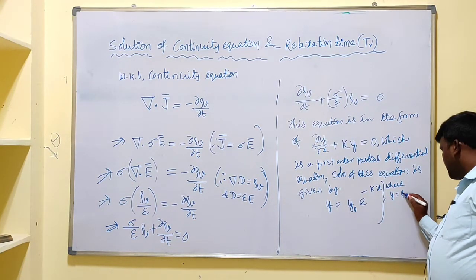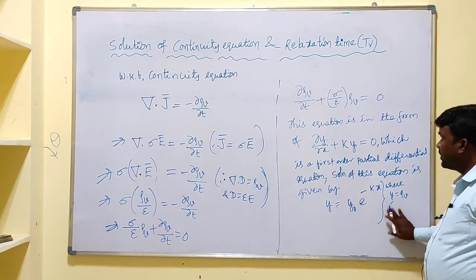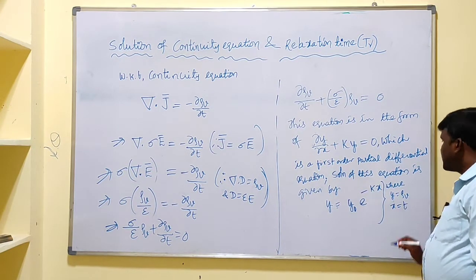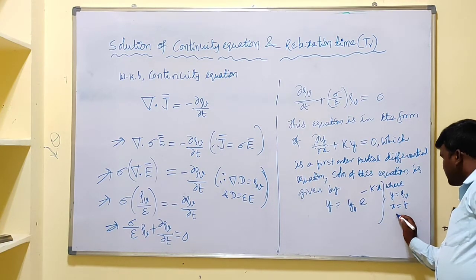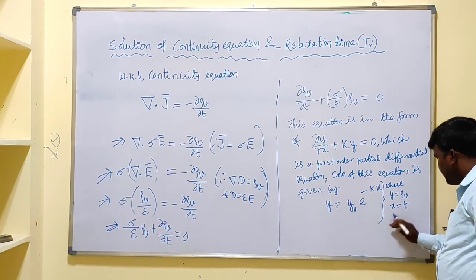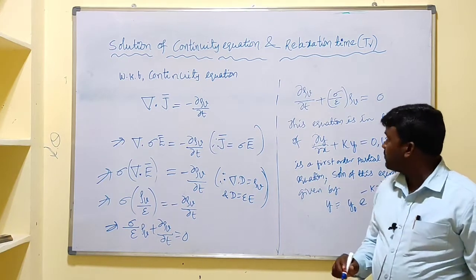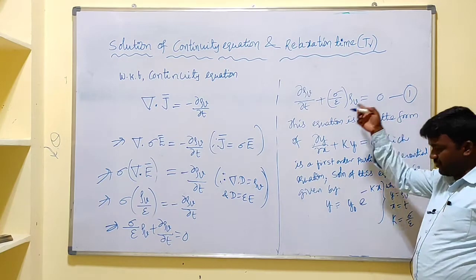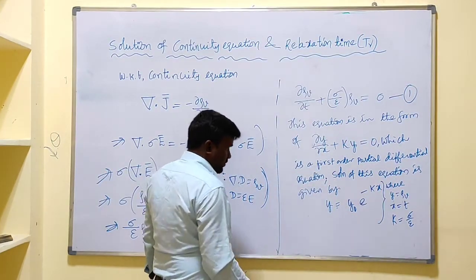So y is rho v, x is t, and k equals sigma by epsilon. Now substitute in this one. Therefore, the simplified form of the continuity equation is a differential equation.